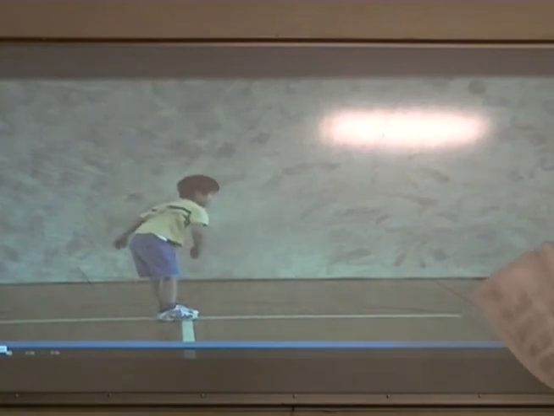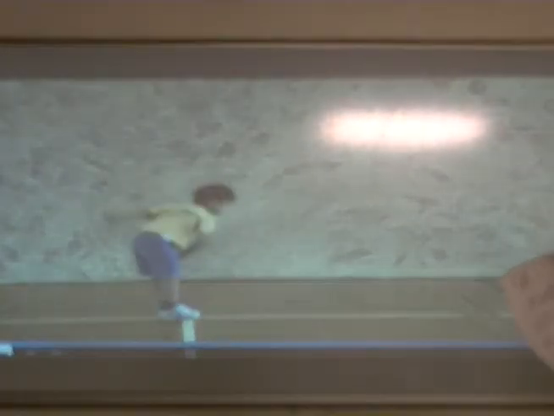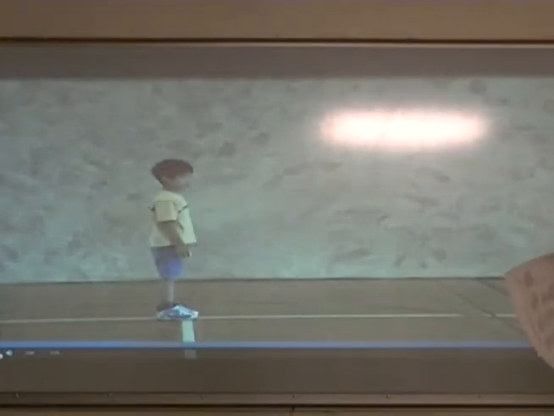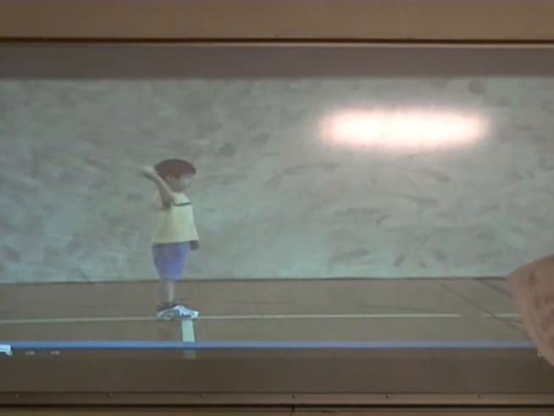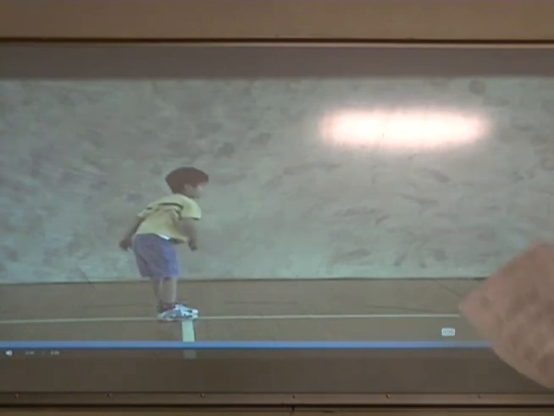Anybody else? So that's really curious. How can he have the upper body that's doing at least stage 3, right?